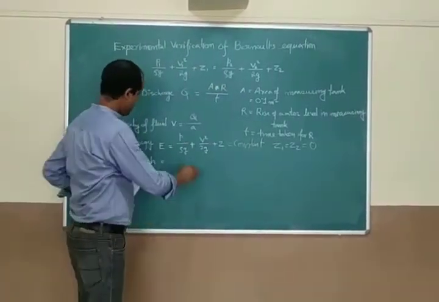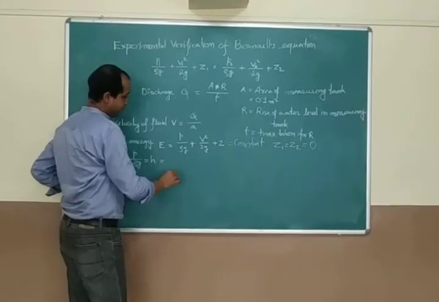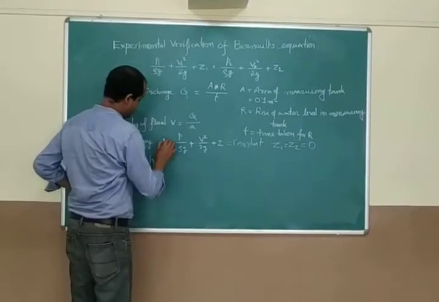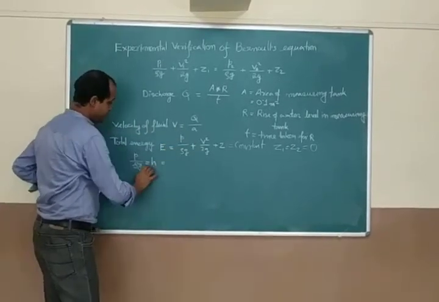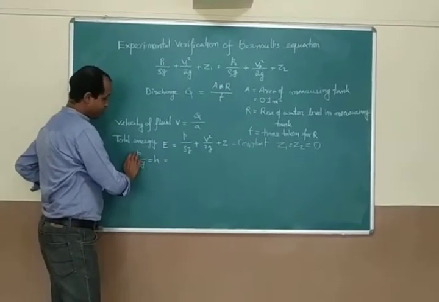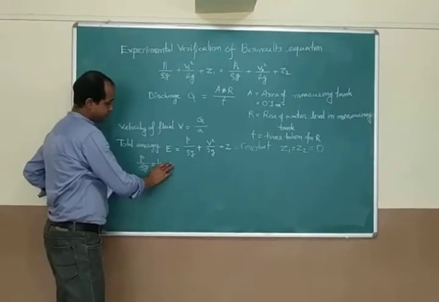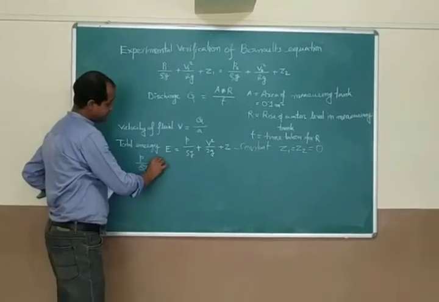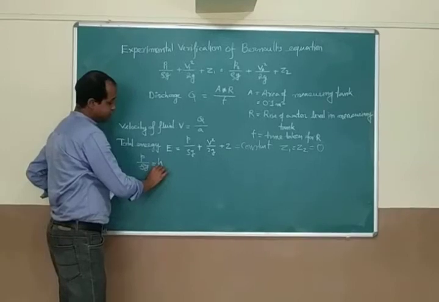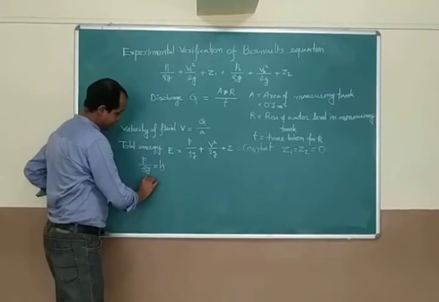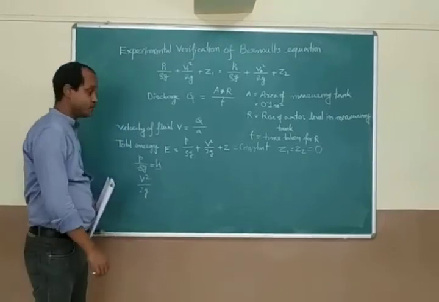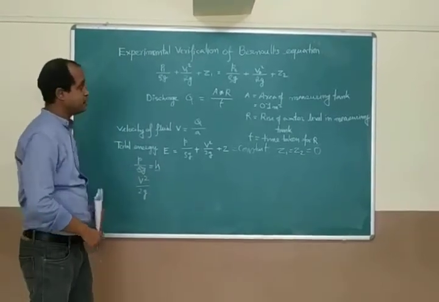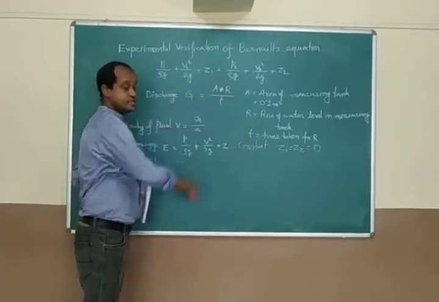Okay, so the main energy remaining is P by rho g, which is given by hydrostatic pressure. This is your hydrostatic law. This is your H, and V square by twice g. So here Z is nullified, as Z1 and Z2 are the same.